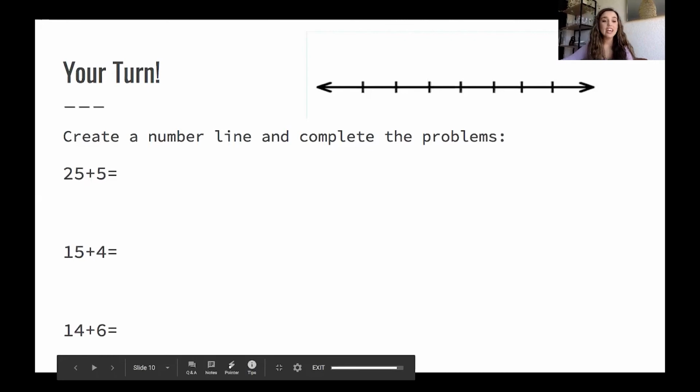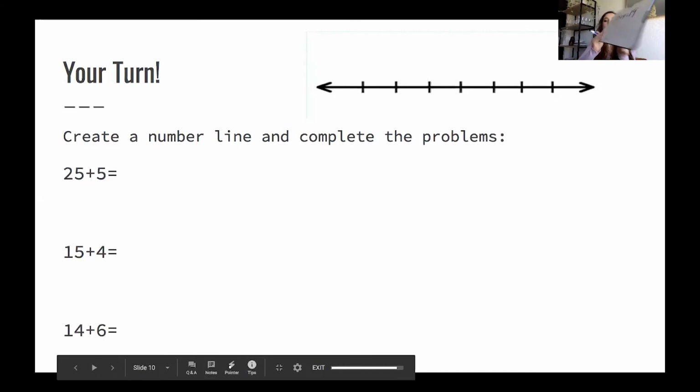All right, hopefully you guys paused the video and you took the time to solve these problems. If you didn't, don't worry, you can save these problems for later and keep on practicing. I am going to go over the answer really quickly, and the answer to 15 plus 4 is 19.